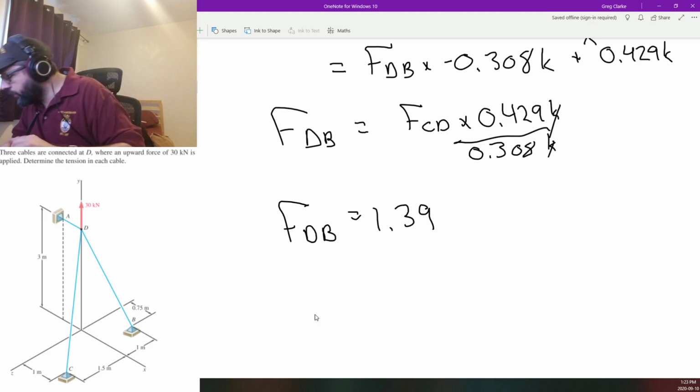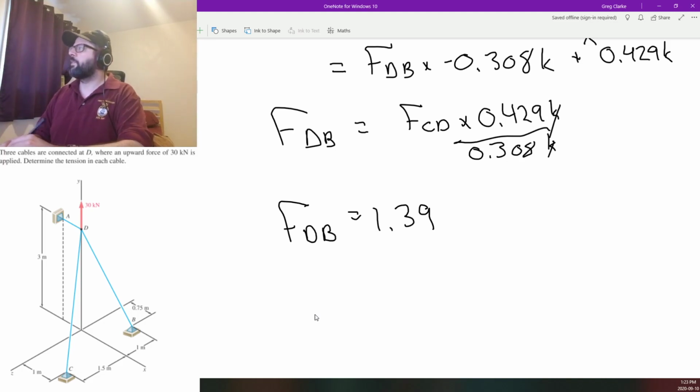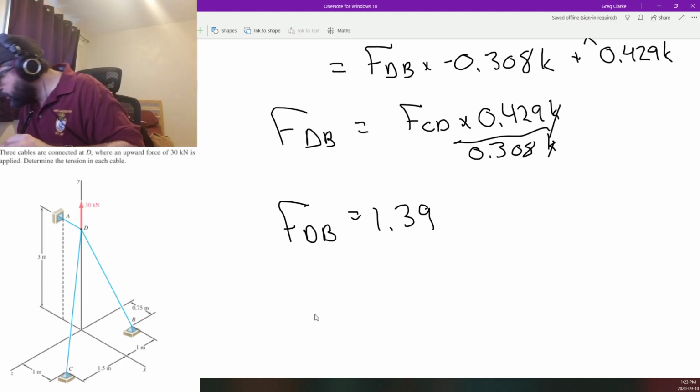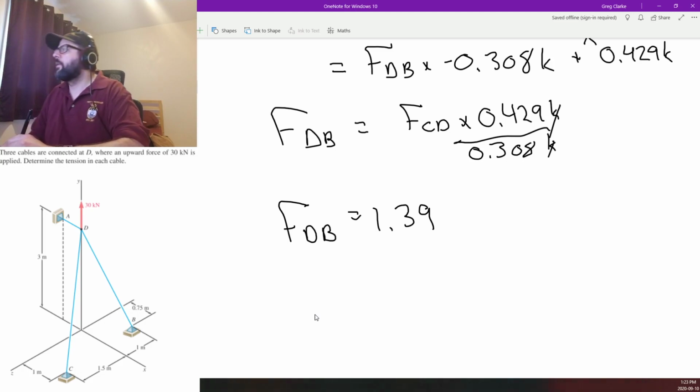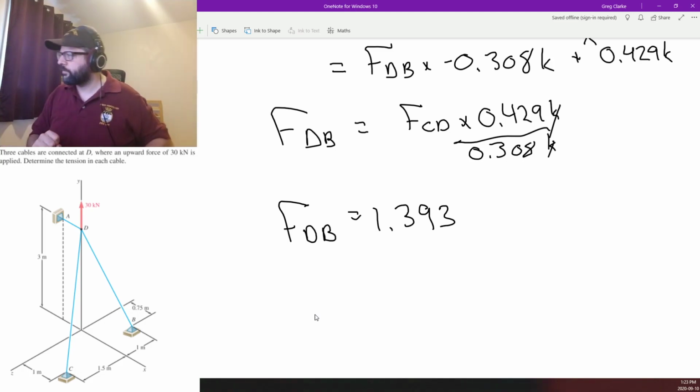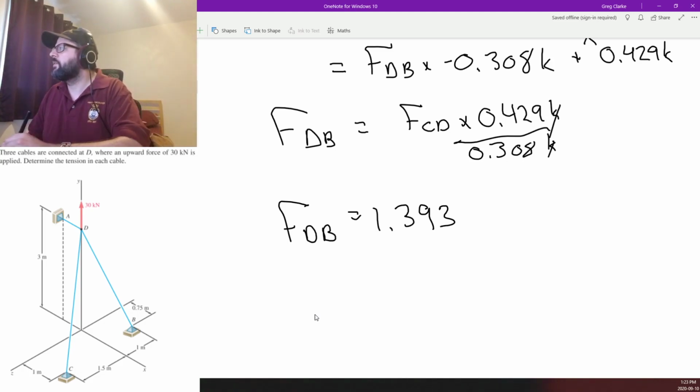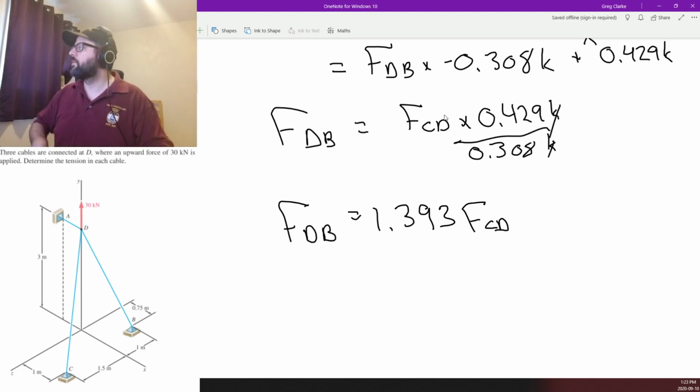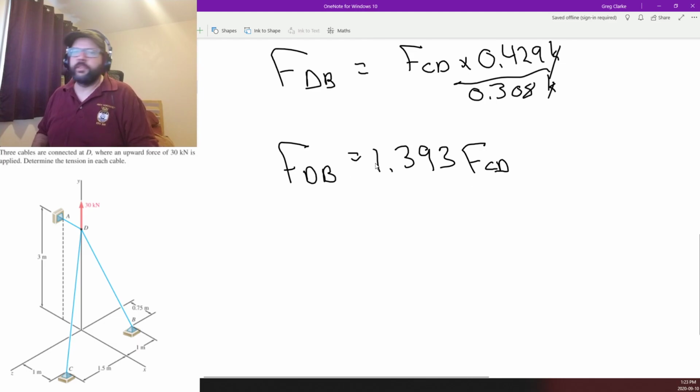Let's go to 4 significant digits for that one because it starts with a 1. So 1.429 times FCD. Okay, so we don't know what those are yet, but we know the ratio between the two.